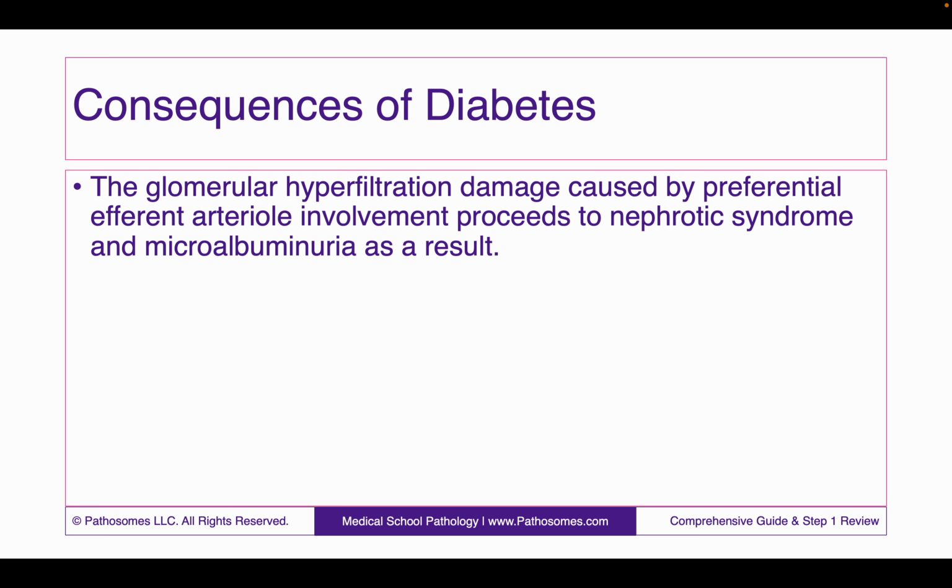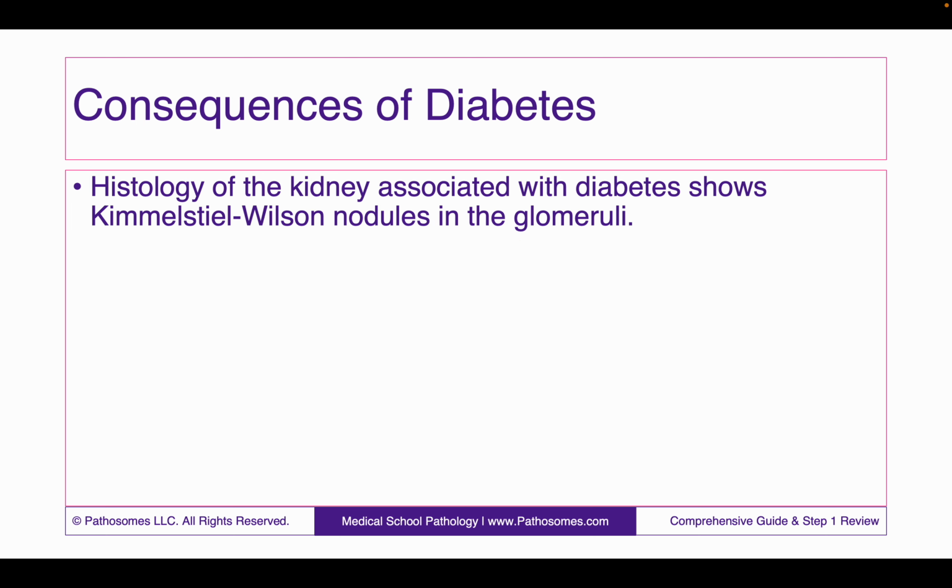The glomerular hyperfiltration damage caused by preferential efferent arteriolar involvement actually proceeds to nephrotic syndrome and microalbuminuria as a result. Now, this is important. The histology of the kidney associated with diabetes shows, buzzword, Kimmelstiel-Wilson nodules in the glomeruli. You'll probably be seeing that in the near future.